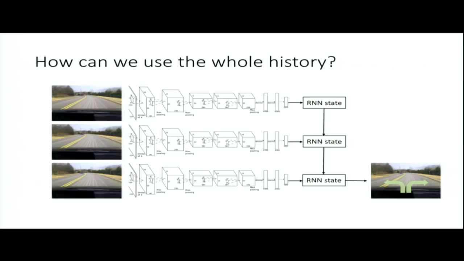So what you can do instead, and this is the solution that's the most popular for these kinds of situations, is to use a recurrent network to represent your policy. This is a network where you process each image in your history through, let's say, some convnet or some other kind of shared layers. So at every time step, these weights are all shared.